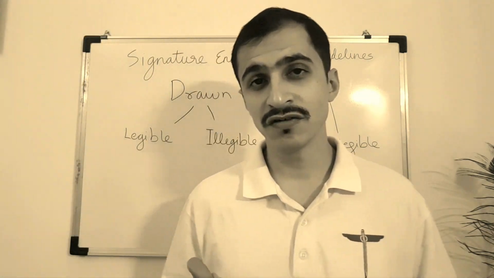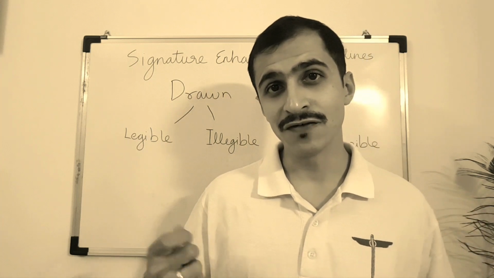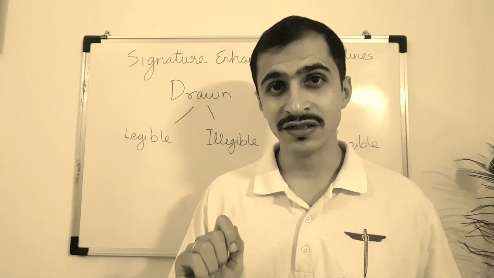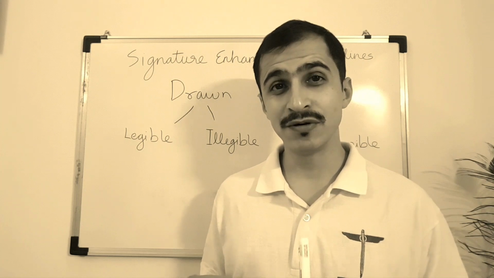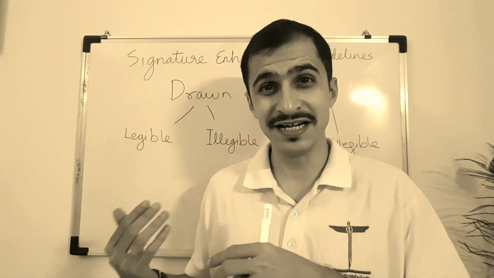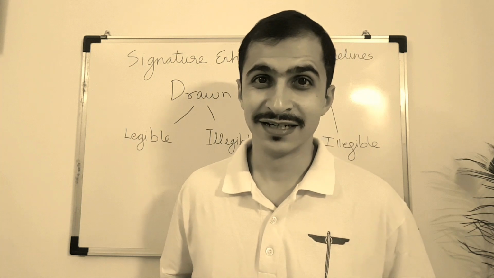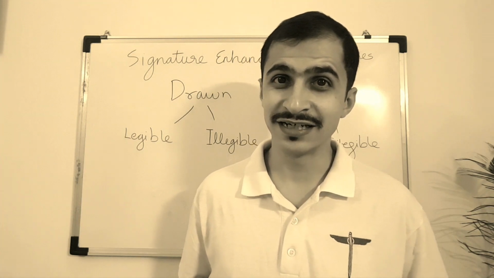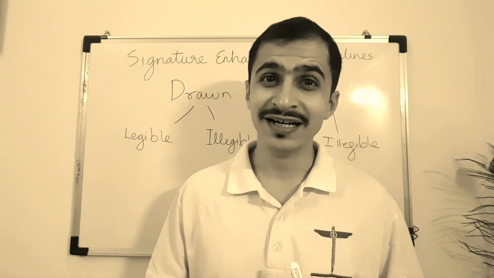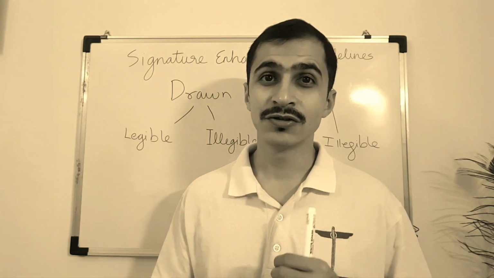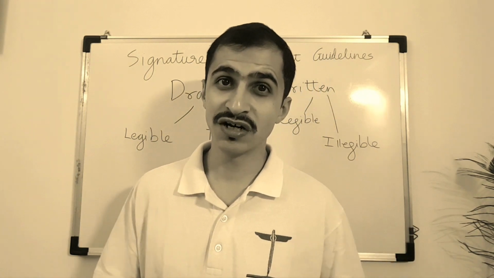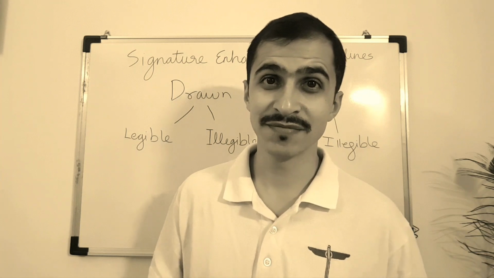Remember, drawn signature is made due to the memory of a body language movement. So if a person is able to keep a signature legible while drawing, it's actually a mark of genius. It's not easy to draw a signature and keep the letters legible and yet be creative. So if the person is able to do that, or if you are able to do that, certainly it's amazing.